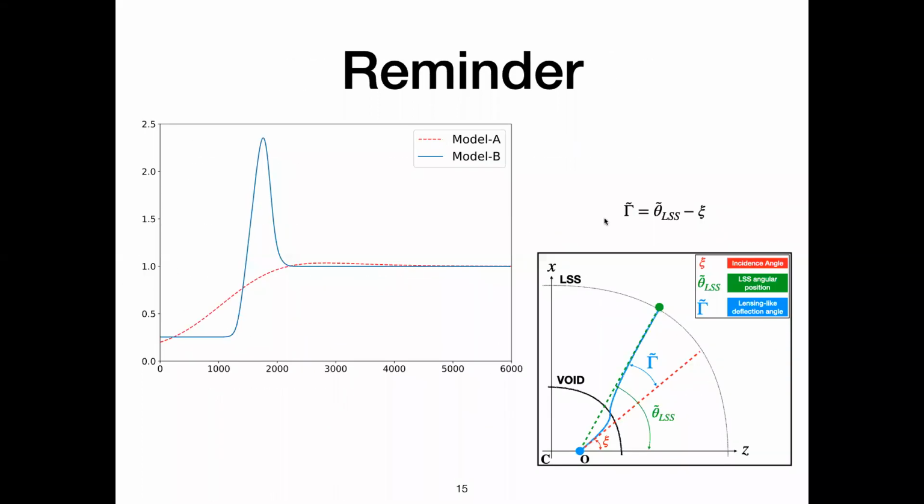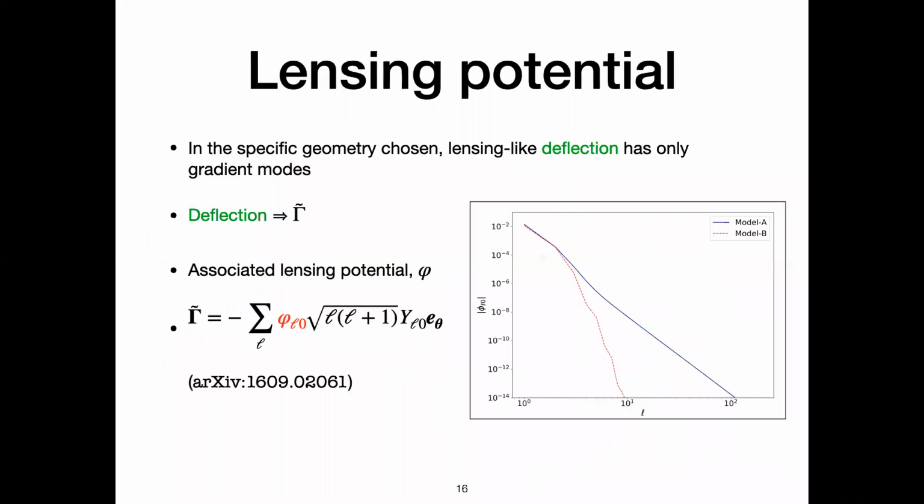First of all, there is this parameter which measures the deflection of the photon geodesic, the photon trajectory. The parameter is gamma, and we will study the lensing-like effect using only this deflection parameter.